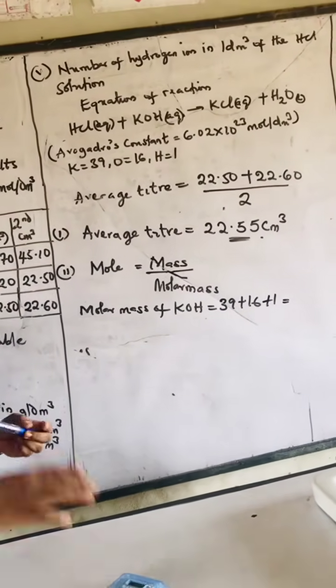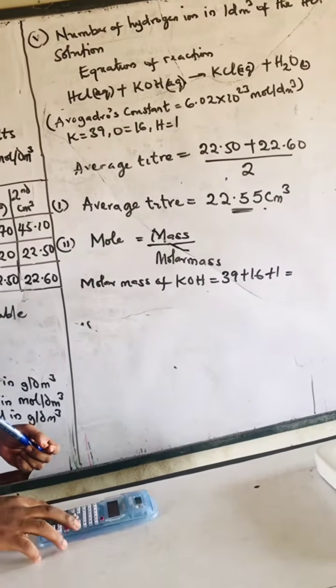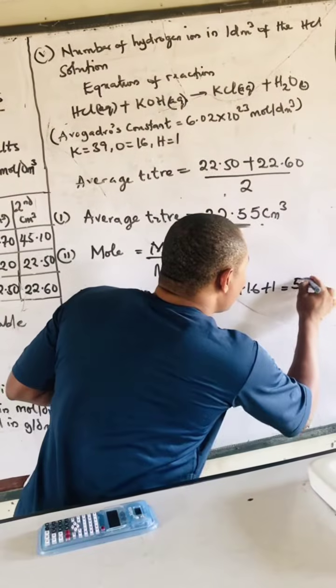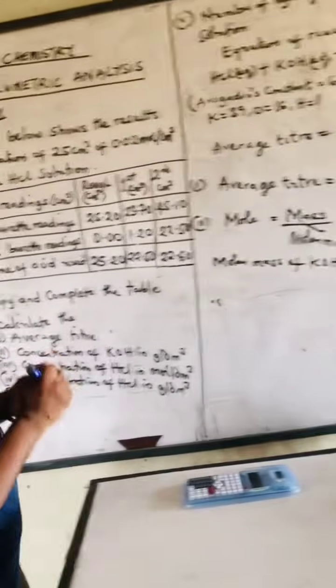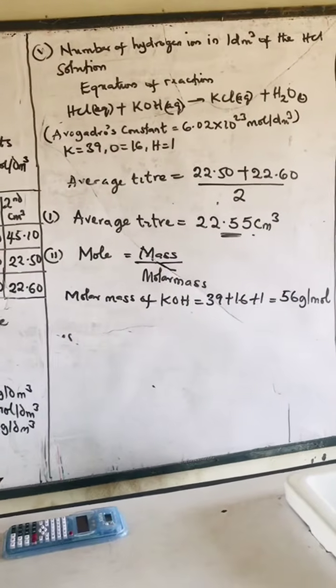That will give us 56 grams per mole, because we are looking for our molar mass. The molar mass of KOH now is 56 grams per mole.